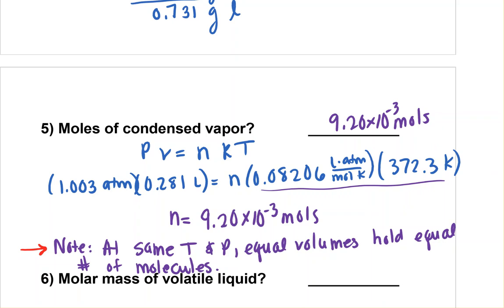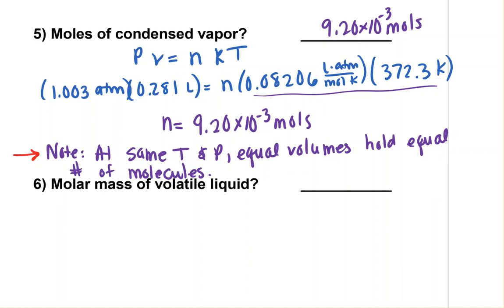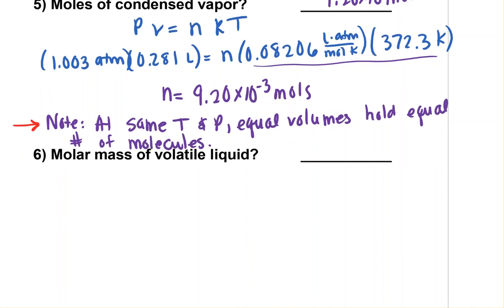So that's kind of interesting, because if we all had the exact same volume for our flasks, since we're going to the same temperature and pressure, everyone would have the same exact number of molecules in their flasks. Of course, we won't all have the same volume of flask because each flask has a little bit different mass and a little bit different volume. But anyway, so now we're ready to get the molar mass.